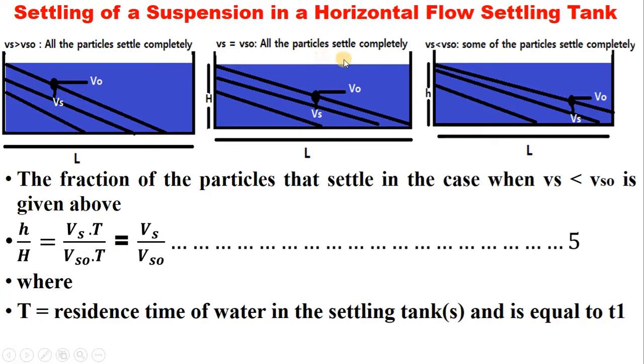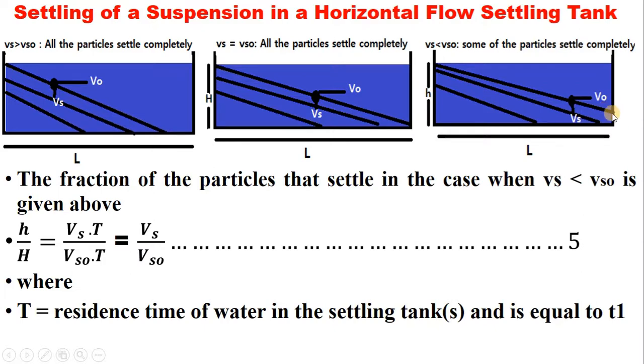Then, on the other hand, when Vs, the settling velocity, is less than the surface loading velocity, some of the particles settle completely. The reason is that, look at it, it's settled, but coming to this point it is greater than the critical velocity.